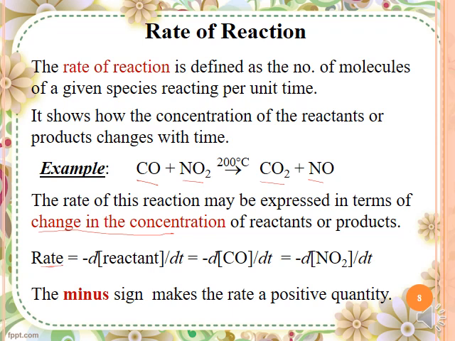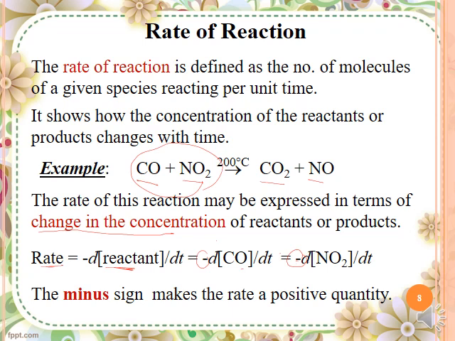These two are the reactants, so you see negative d of carbon monoxide over dt equals also negative d concentration of nitrogen dioxide over dt. And this minus sign here makes the rate a positive quantity.